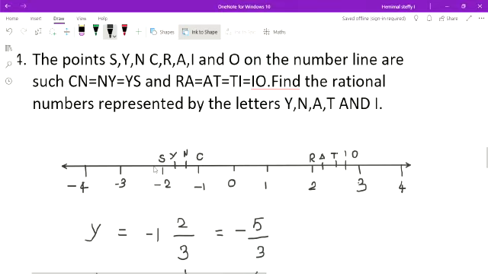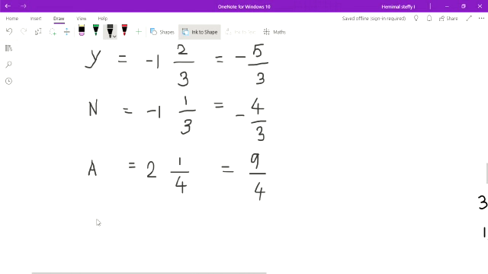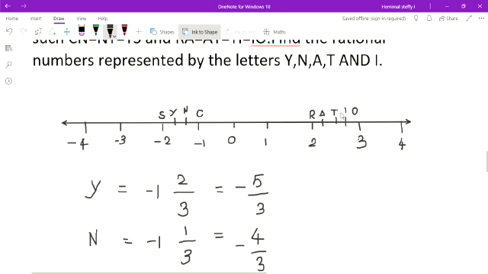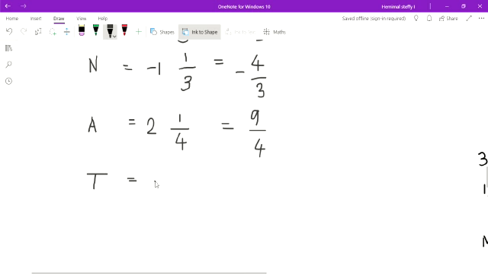Then we are going to find the T value. T is equal to, where is the T here? Same thing. It is in the 2 to 3 place. So don't change anything. Whole number we cannot change, and denominator also we cannot change.